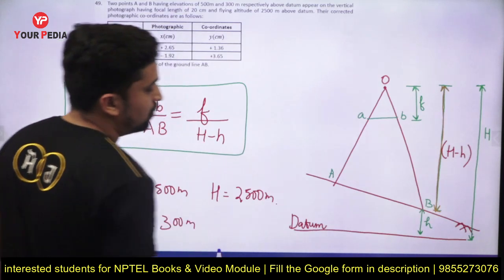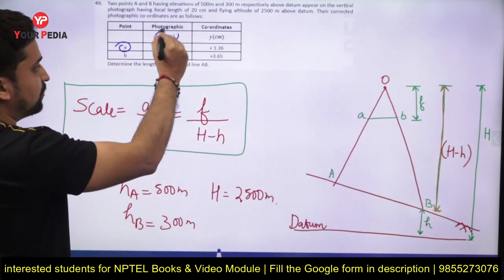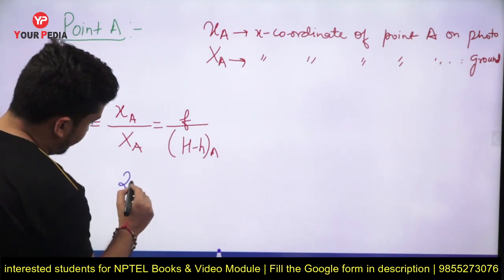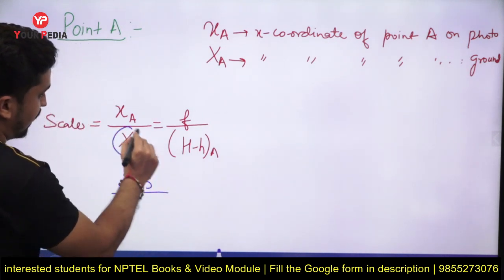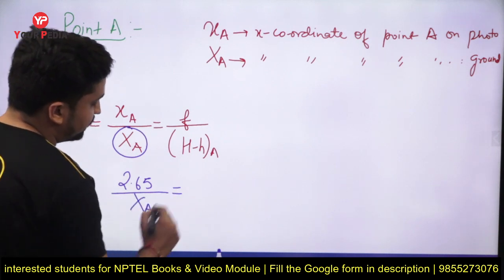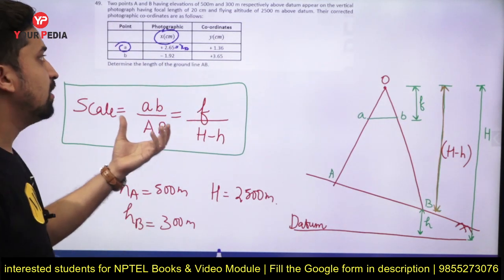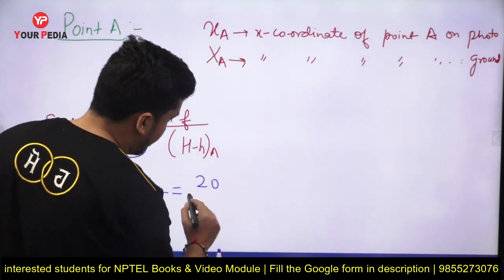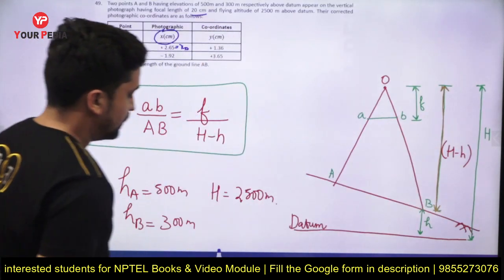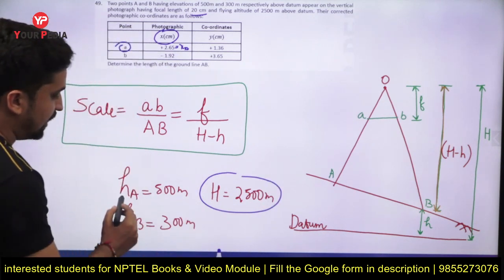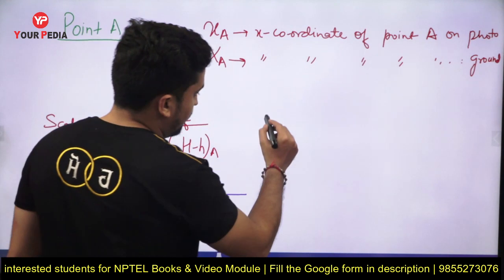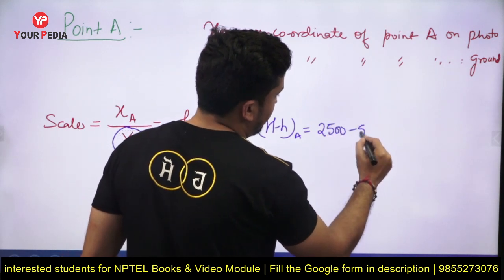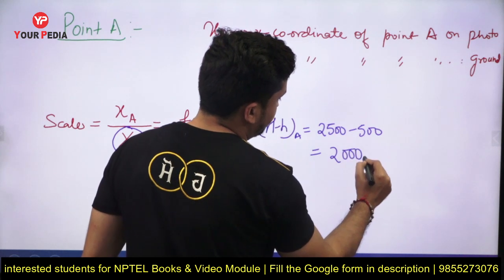The x coordinate of A is plus 2.65, so this is 2.65 divided by capital XA, which is equal to the focal length of the lens in the camera, given as 20 centimeters, divided by H minus h for A. Since capital H is 2500 and hA is 500 meters, H minus h of A is 2500 minus 500, which comes out to be 2000 meters.